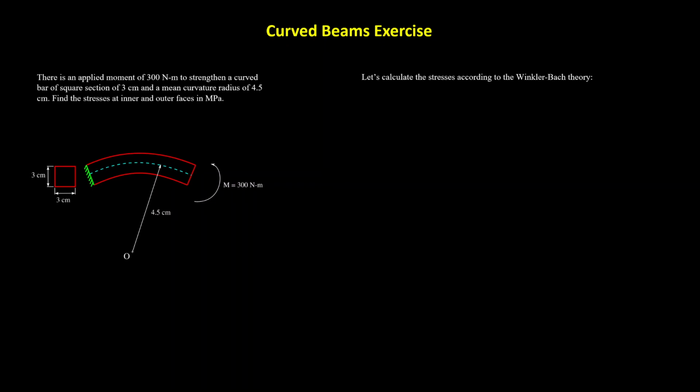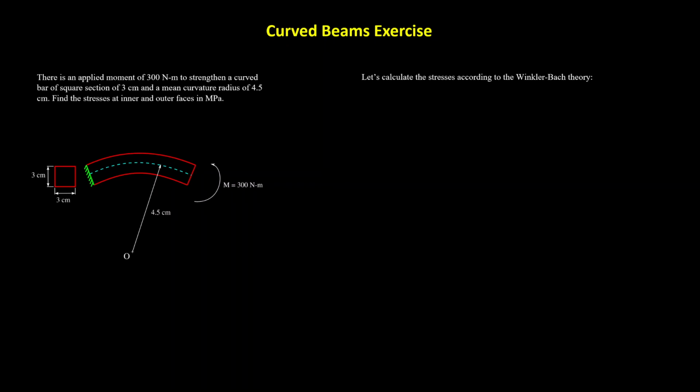There are certain conditions that we need to check beforehand in order to apply either the Winkler-Bach theory or the simple flexure formula. In this case, the conditions to apply the Winkler-Bach theory depend on the depth of the beam and the radius of curvature.